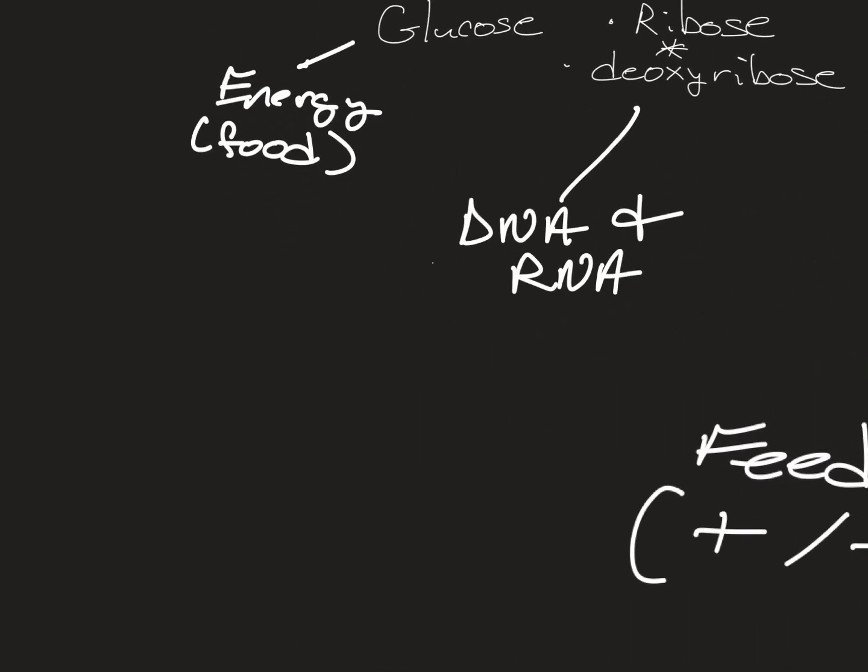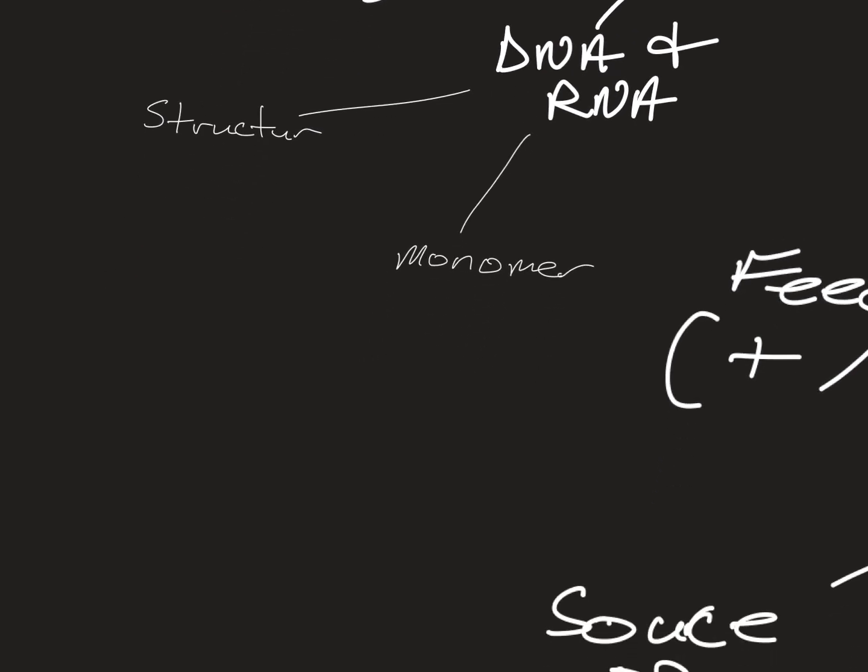DNA and RNA, we know that we talked about their structure. We talked about their monomer. The monomer we know is either deoxyribose or ribose sugar. We know that there's a phosphate.